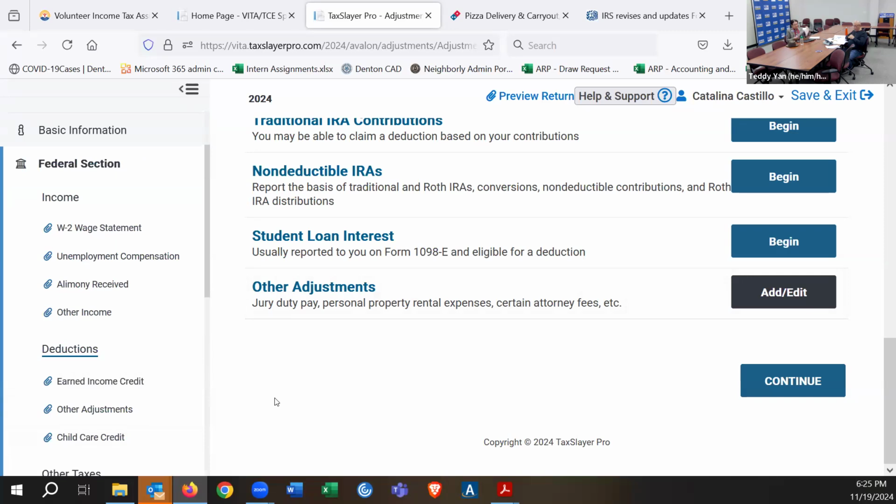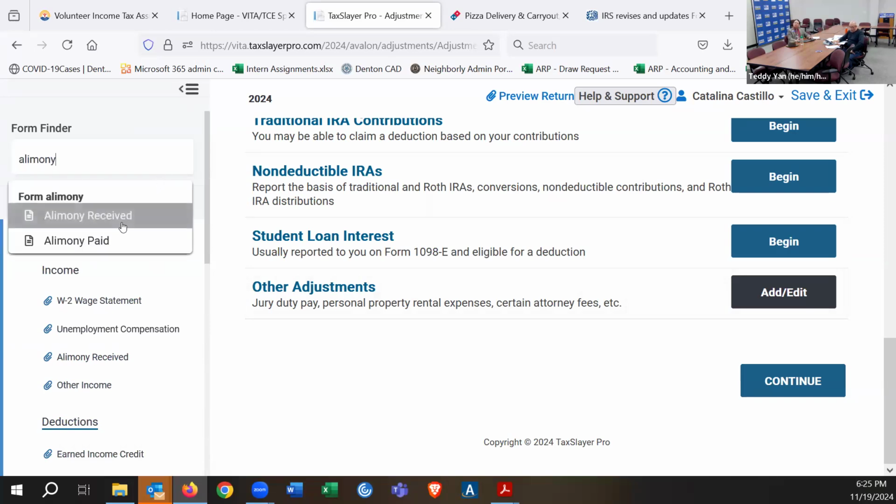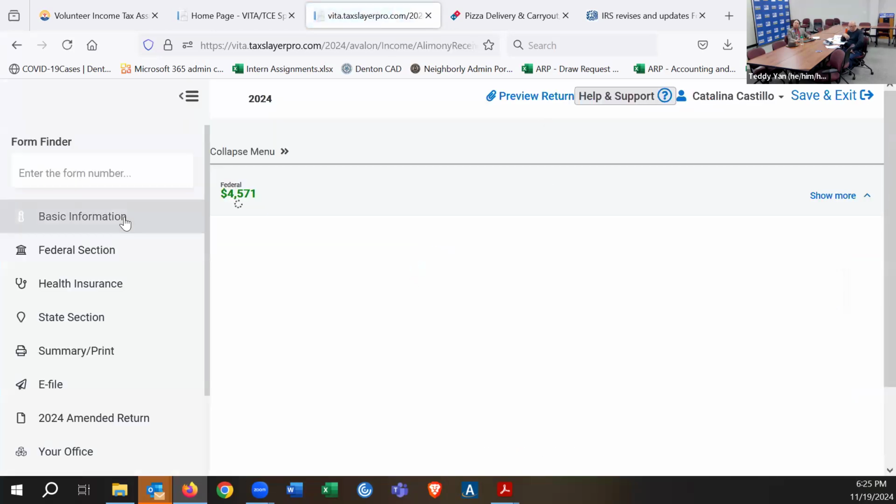You got alimony received there. I was not able to get that to take. I was not able to open that field. Oh, interesting. I typed it in, but it wouldn't open the field. As in typing it into the form finder? Yes, sir. It opened up like that, but it just wouldn't open a field.